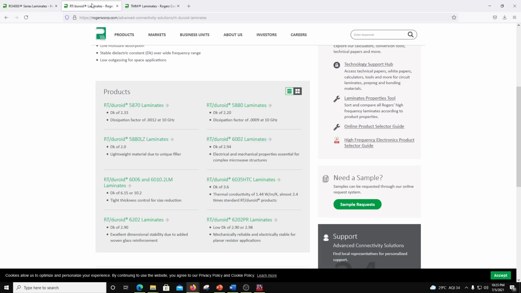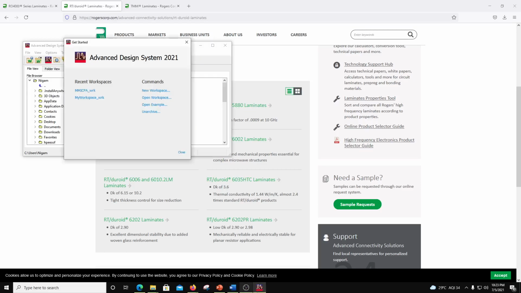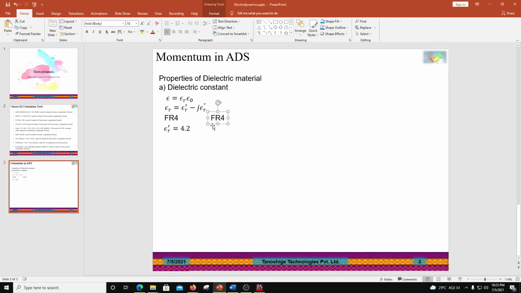The other one is this Duroid, which is a high frequency laminate. When we say high frequency laminate, we are talking about dielectric loss. You can refer to my series on microwave and millimeter wave circuits to learn what dielectric loss is. Let's say RT Duroid 5880.